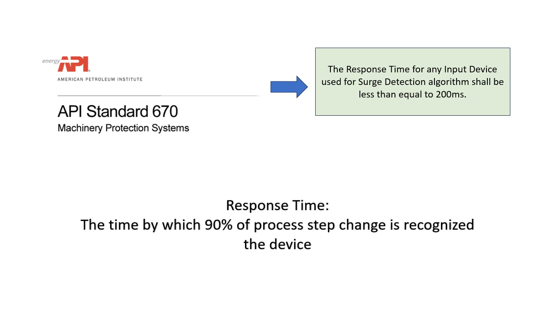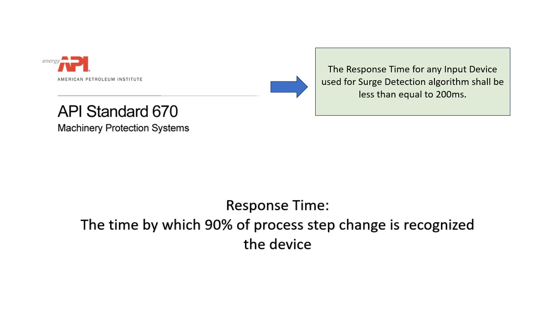Now, in the transmitter manual, you may find response time is defined as the time in which the transmitter has recognized 63.2% of the process step change. So there may be a difference in the response time definition. So this is one of the criteria.